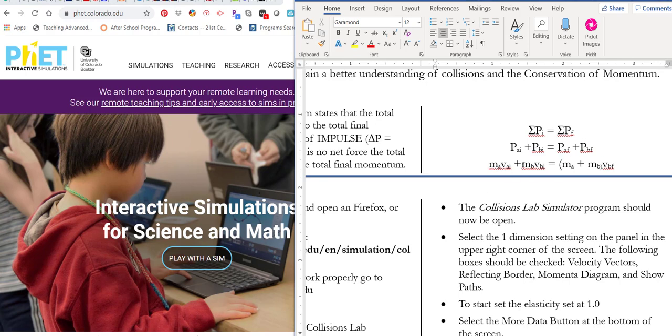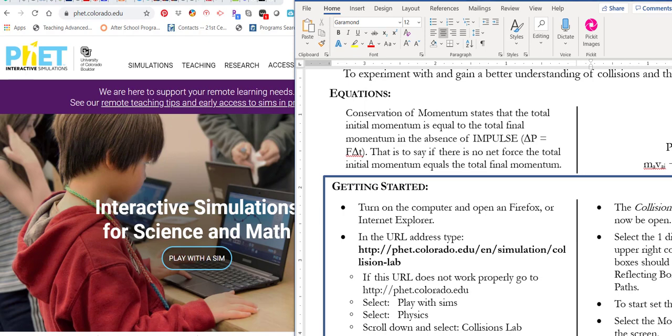Two cars are moving separately initially, and then when they hit together, they stick together and move off together with the same velocity. So I'll just change that to vB. This would be for an inelastic collision. They lump together and move together. But the equation you have in the lab write-up is this one. I just wanted to distinguish that for you.